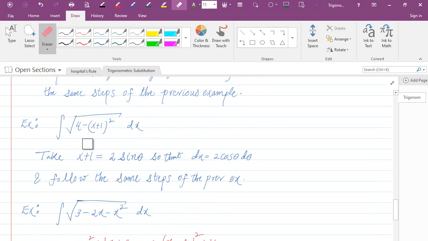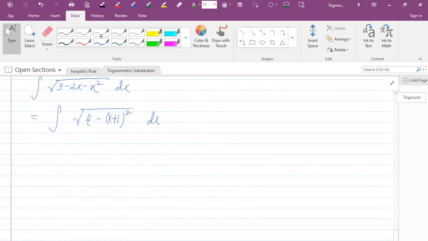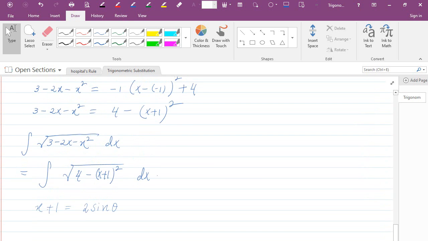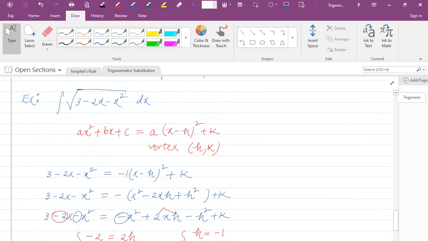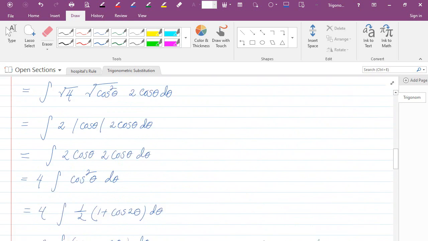So then what substitution do I do? Well, the substitution that I make here is that x plus 1 is the root of 4, which is 2 sine theta. So that's the substitution that we make, and then we proceed just like we did in the first problem that I completely solved.